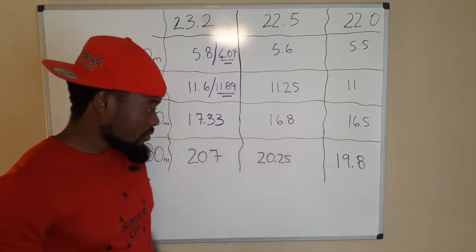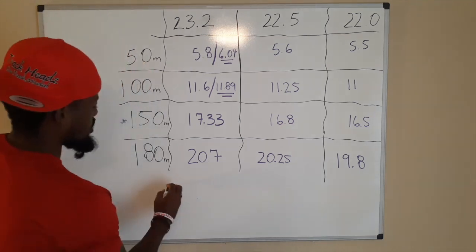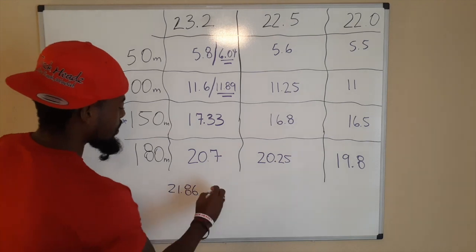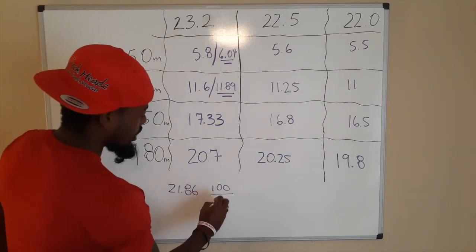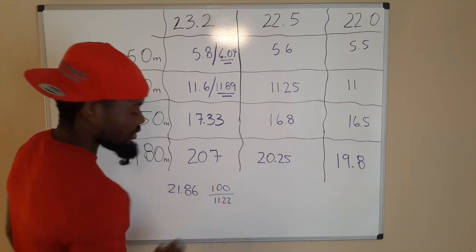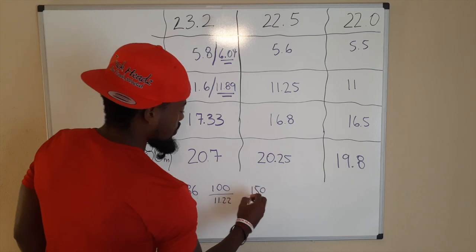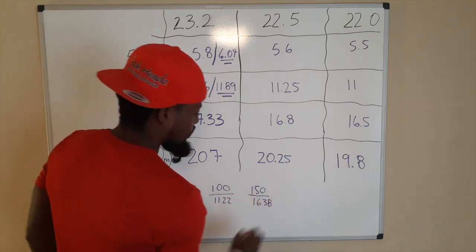All right. My PR is 21.86. Okay. When I ran that, I came through the 100 at 11.22 seconds. Okay. I crossed through the 150 at 16.38 seconds.